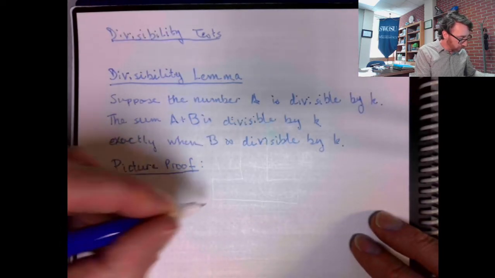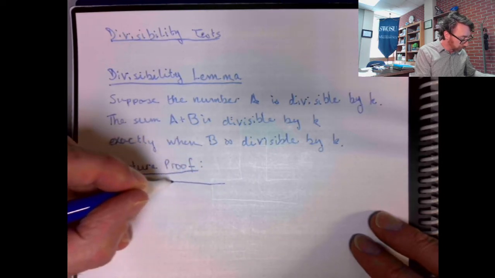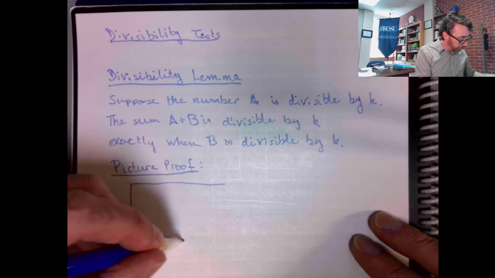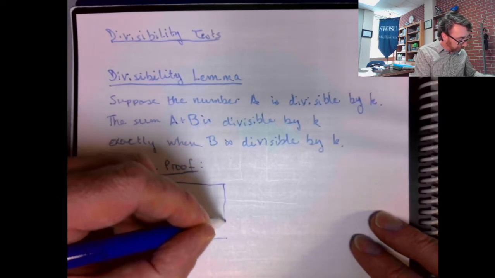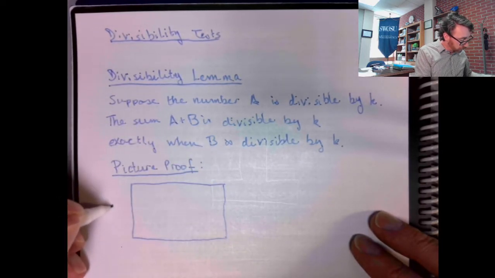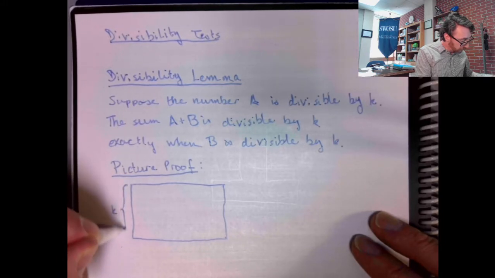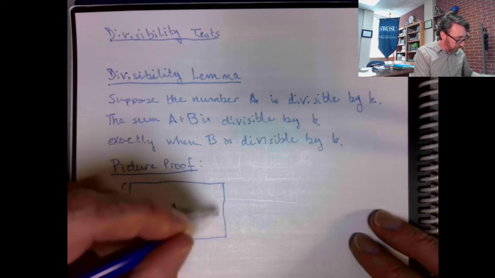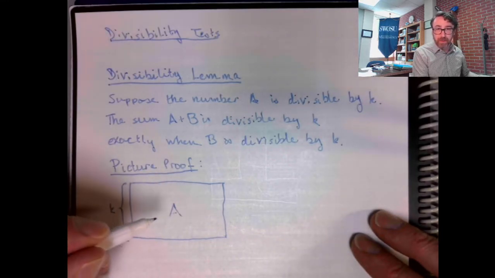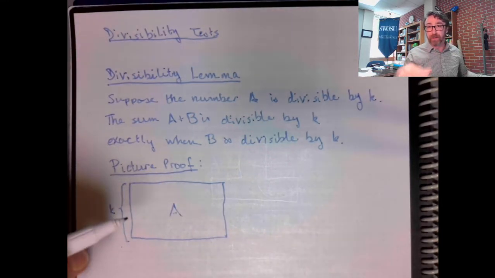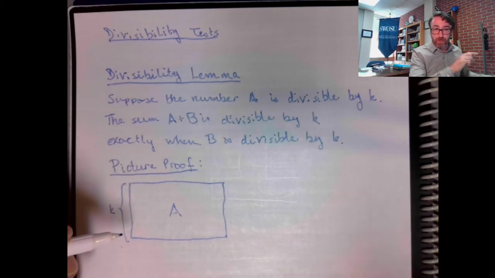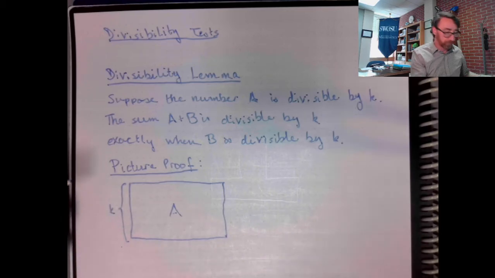That means, one of the things it means, is we could represent the number a, whatever it is, as a rectangular array with k rows. So this is my number a. There are a total boxes in here. I can't draw it out because a is an unknown. But there are k rows and a total boxes.